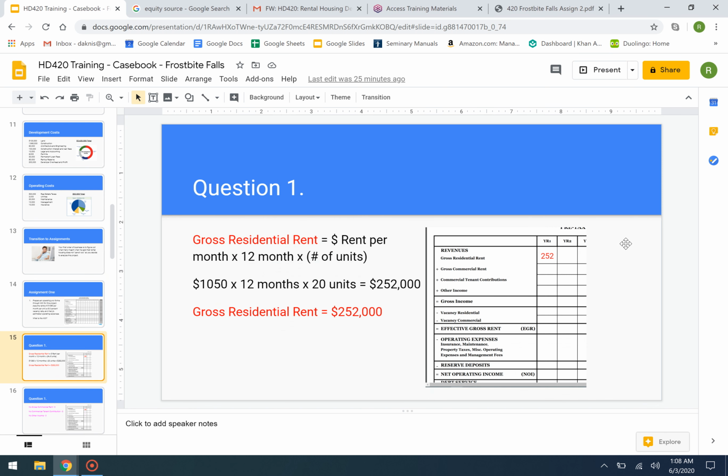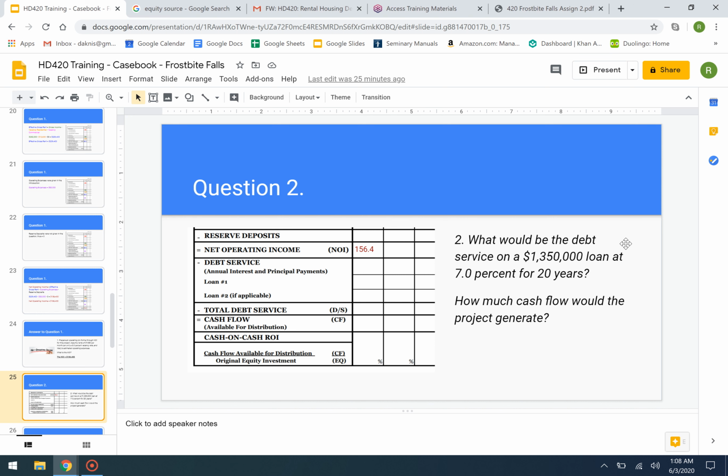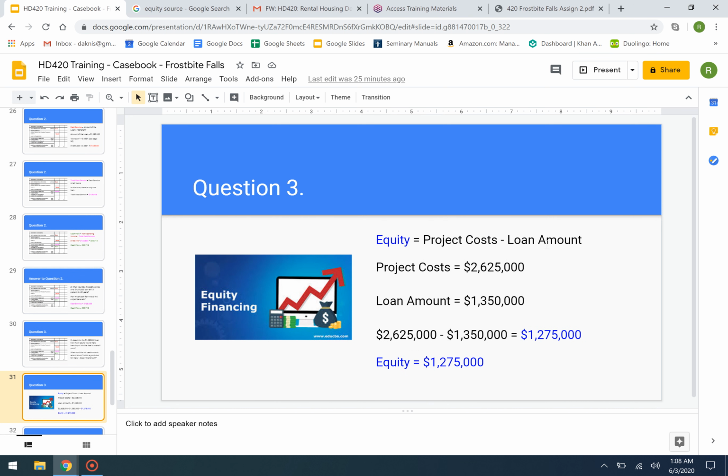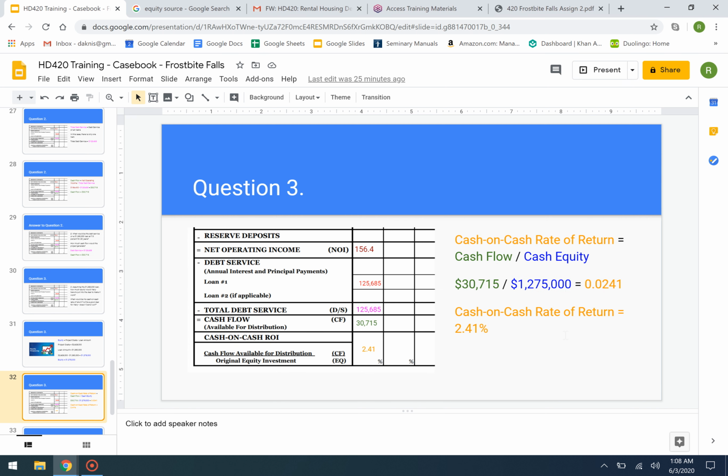So that's where we're going to get this number from. Our project cost minus the loan amount. We know that we have a loan, $1.35 million. So take the total cost minus the loan amount. That's how much equity Wally would have to put into it. So that's their $1.275 million. That's where we get our equity number from.